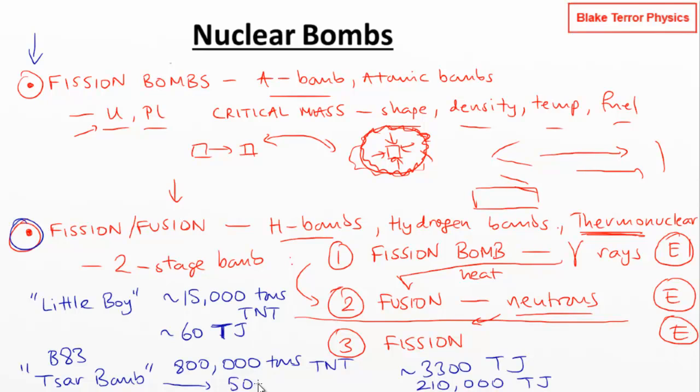So 50 million tons that we're looking at here of TNT equivalent. So you compare that to what we've got there. It's just insane the amount of energy that is coming out of this. You're looking at 3,000 times the amount there, if not more, 3,500 times the amount of energy coming out.